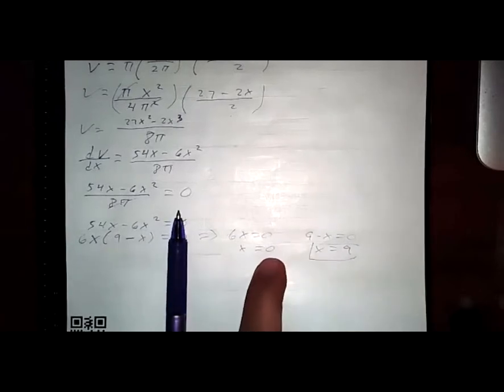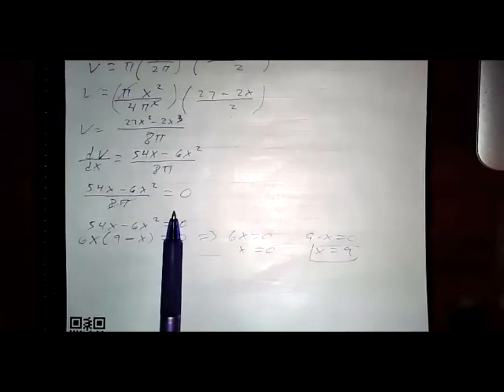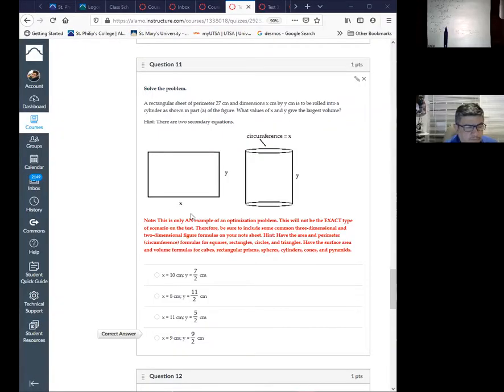Okay. We can't choose 0, right? Because remember, what are we solving for? Let's get back to the picture. The largest value of x or y. We want to figure out which x and y will give me the biggest volume inside my can. It's like you're trying to cut a piece of sheet metal and roll it up into a can or container.